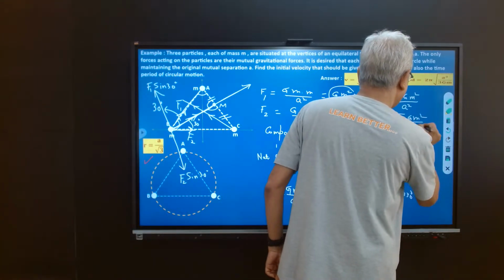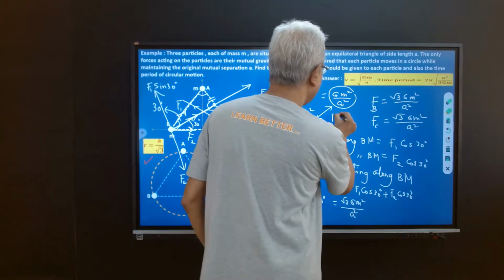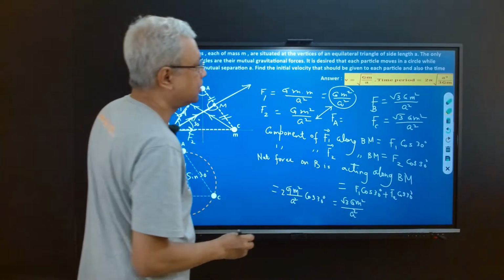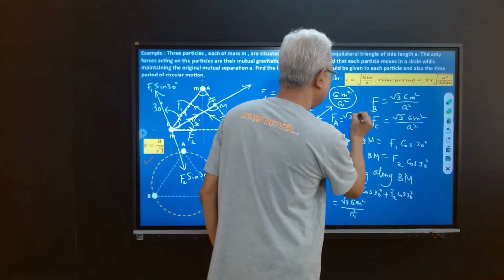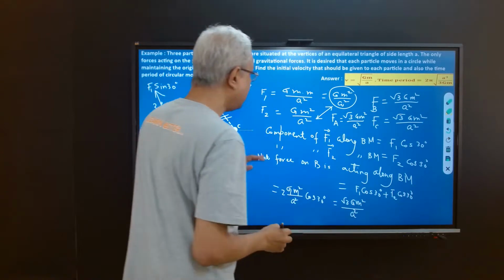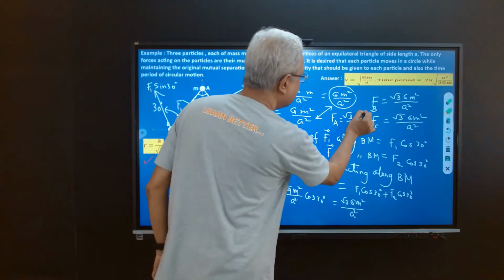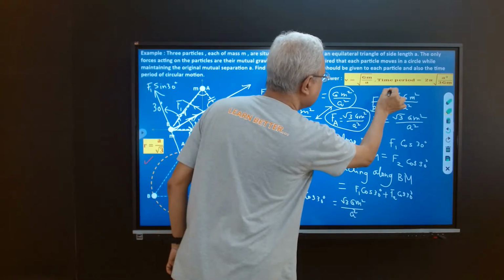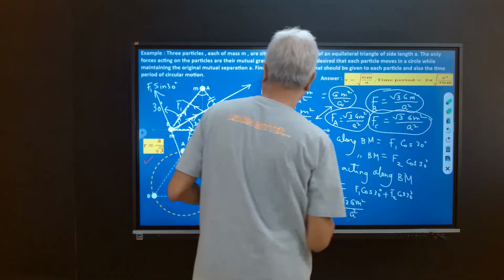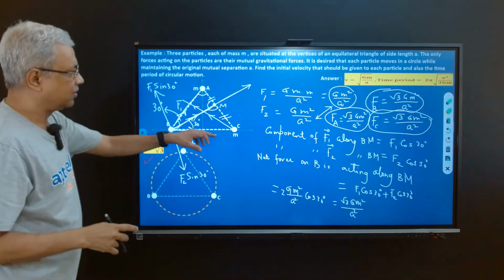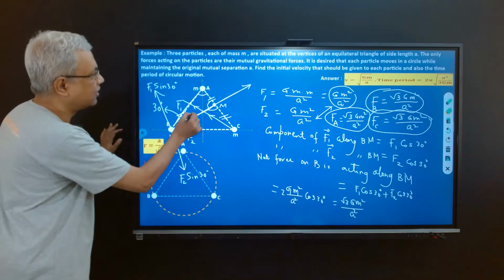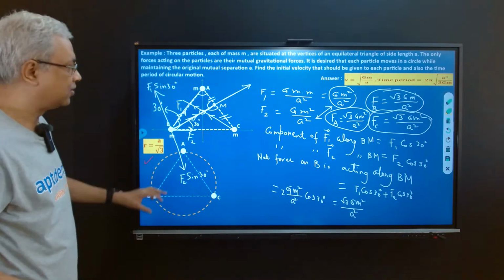And similarly for A, it will be root 3 G m square by a square. So what do we conclude from these three expressions? All the masses experience equal force towards the centroid of the triangle.